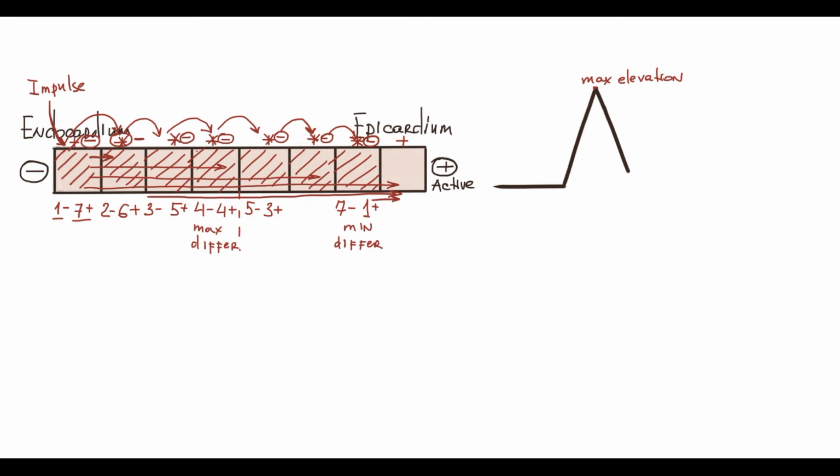So the active electrode at this point registers minimal elevation above the isoelectric line. And when the 8th cell depolarized, all 8 cells became negatively charged, and there is no positively charged cell, so there is no difference in electric potentials, and the active electrode registers this as the isoelectric line.